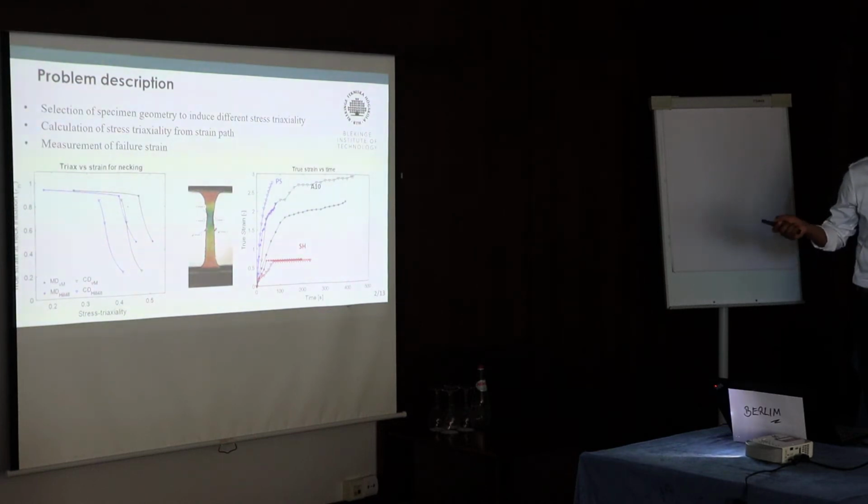I will go into that soon. So first, get the specimen geometry, and then calculate the stress triaxiality. Stress triaxiality, as the name suggests, has to be calculated based on measured stress, but here we are trying to calculate it based on the strains.